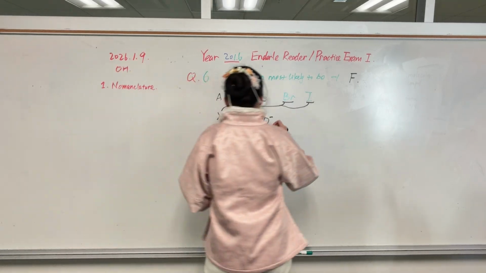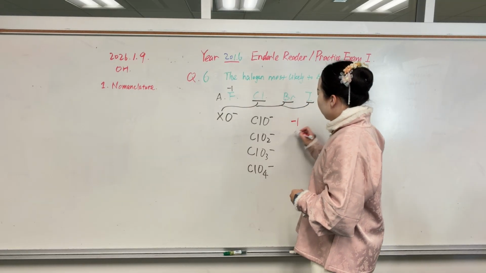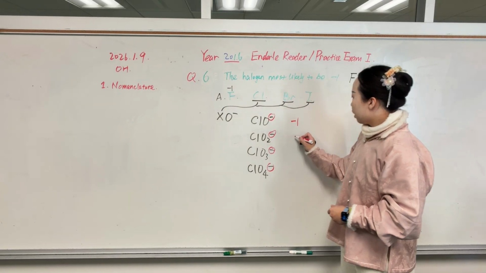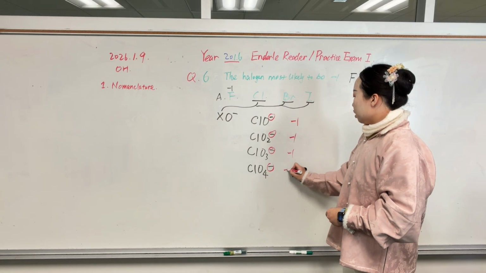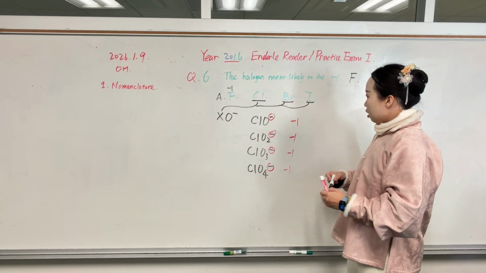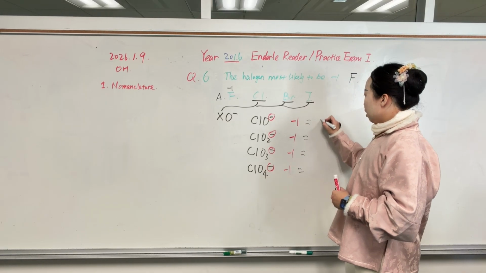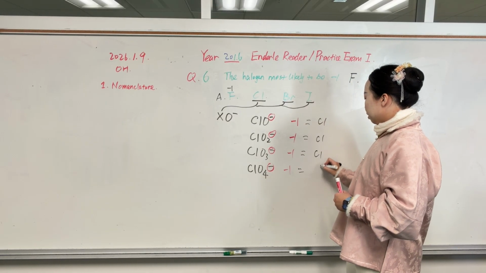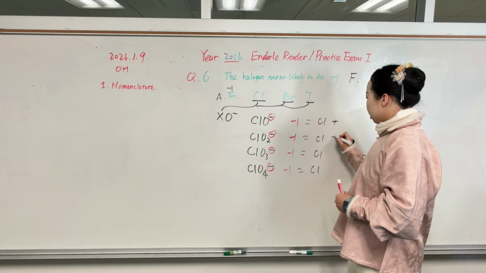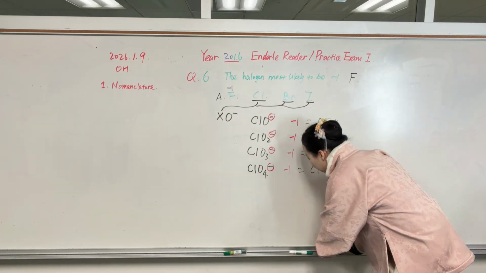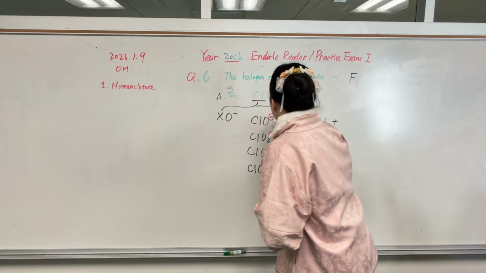So overall, they're all -1, right? Okay, -1, -1, -1 equals chlorine plus oxygens. So what's different? How many oxygens, right?